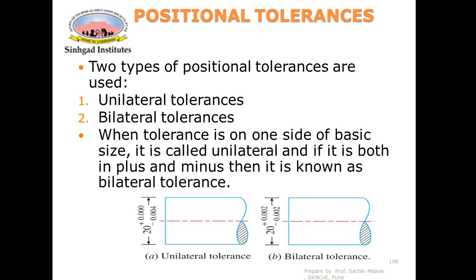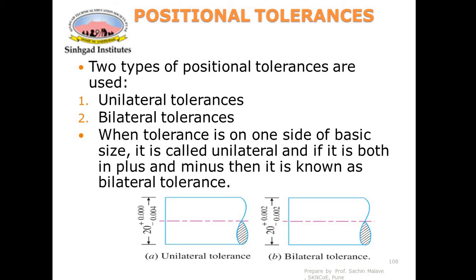So the size of this particular shaft is expected between 20 plus 0.002 and 20 minus 0.002. Any size between these two limits is accepted. So this is the case of bilateral tolerances.